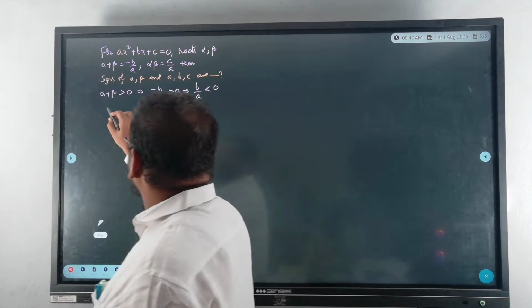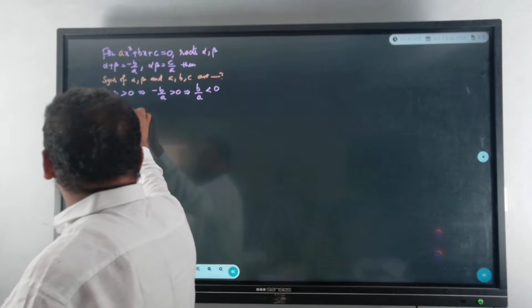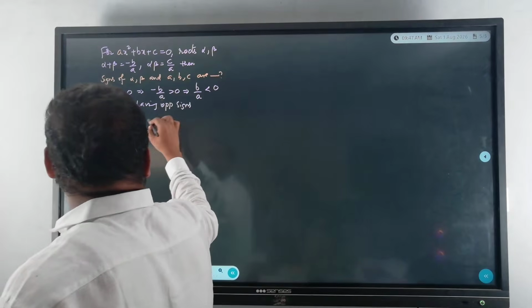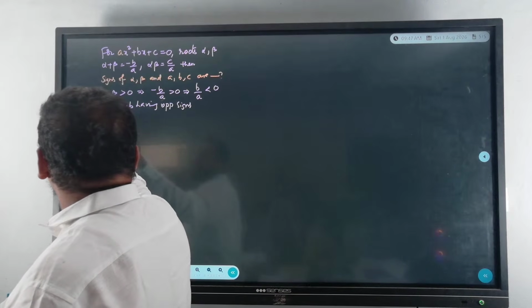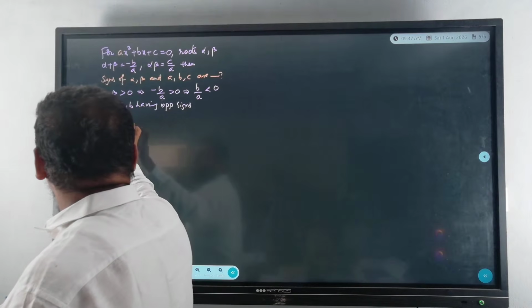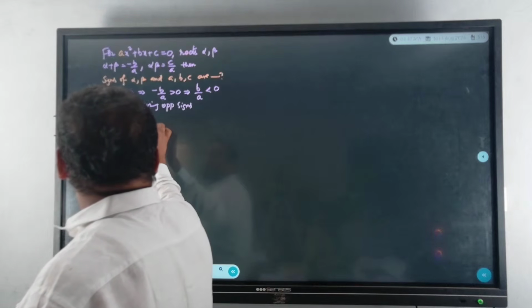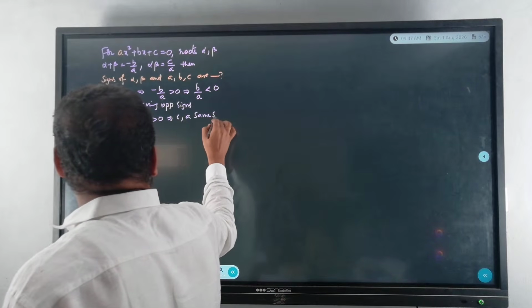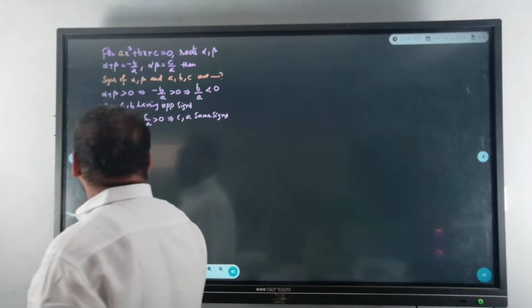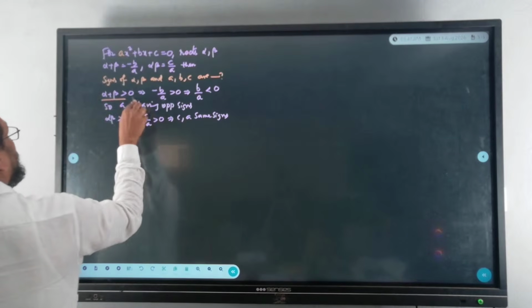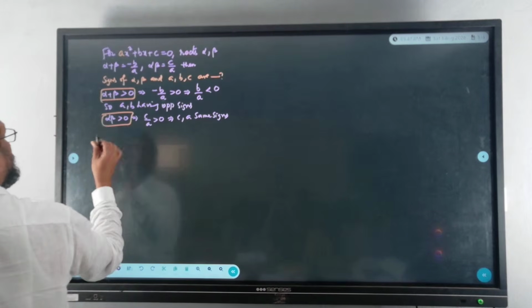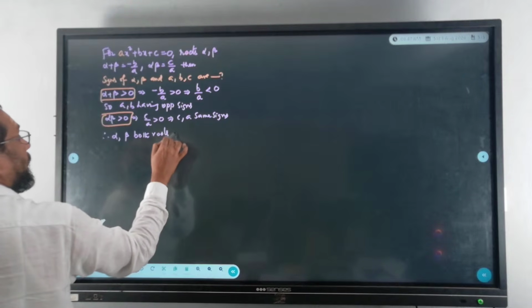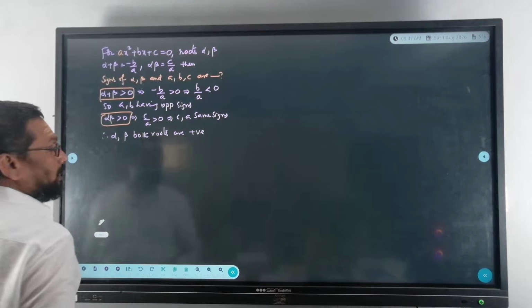Less than 0. So a, b having opposite signs. Alpha beta greater than 0, then c by a greater than 0, c comma a same signs. Here alpha plus beta positive and alpha beta positive, therefore alpha comma beta both roots are positive.